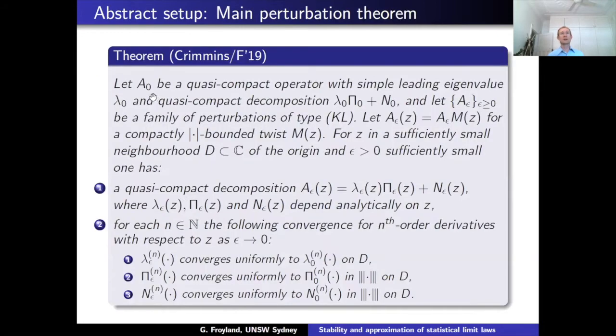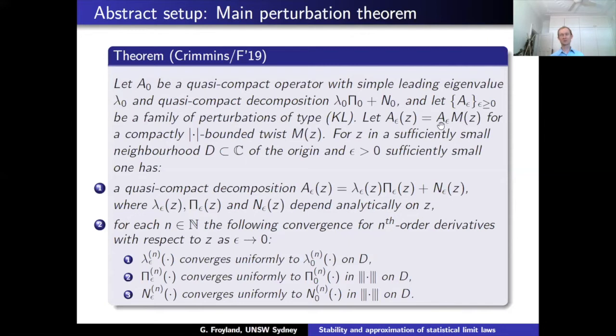All right, so this is our new main perturbation theorem. What we're doing here is augmenting the Keller-Liverani setup to include twists and derivatives with respect to the twist. So we've got a quasi-compact operator. It has a simple leading eigenvalue, and it's got its usual decomposition. And then we have these perturbations, and now we're making perturbed twisted operators. So we take the perturbed operator and we twist it.